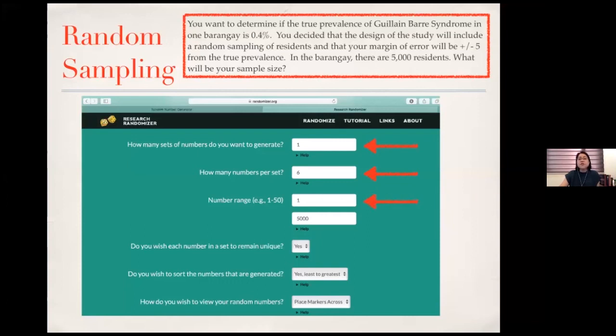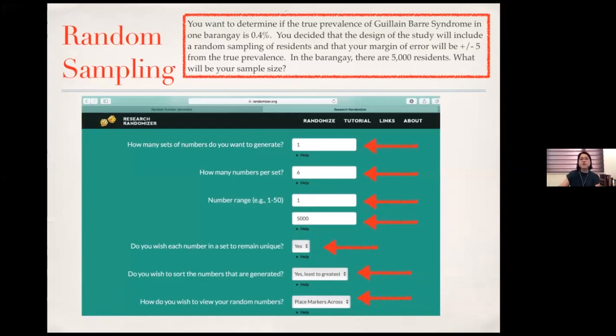So the number range again is 1 to 5,000. Do you want the numbers to remain unique? Yes, because I don't want any double entries. And then I want them to arrange the numbers from least to greatest para hindi ako malito, and I will place markers. The place markers is that they will write patient number 1, patient number 2. So more or less, you know, you don't count the numbers 1, 2, 3, 4, 5, 6 anymore.